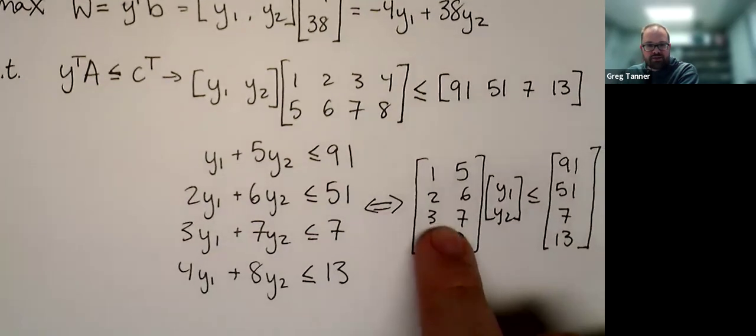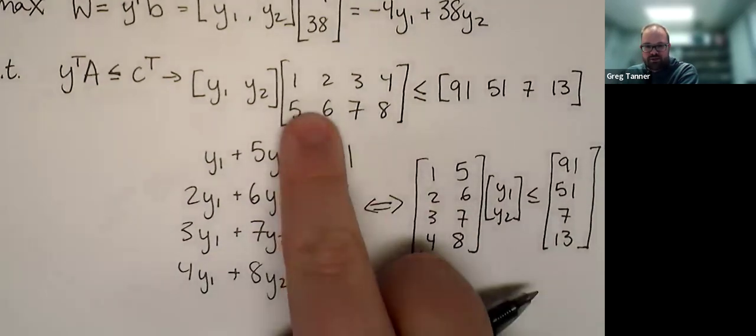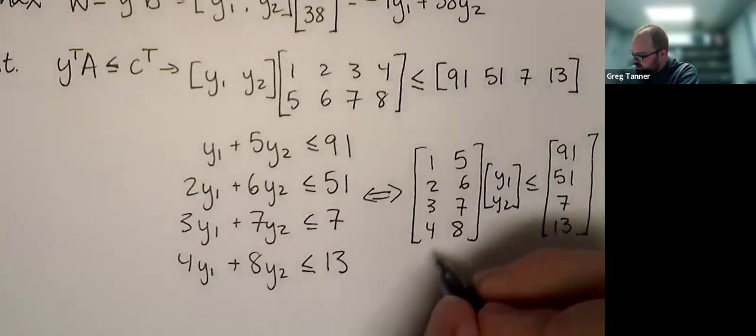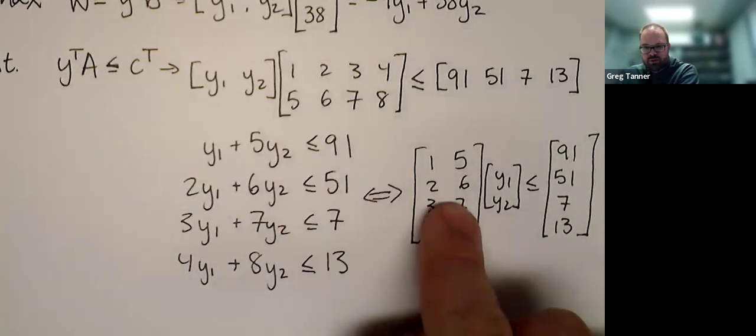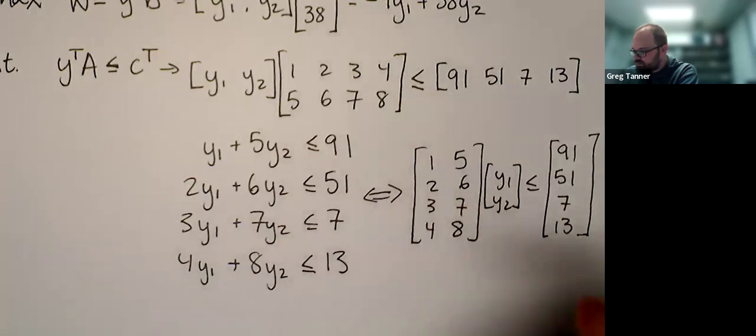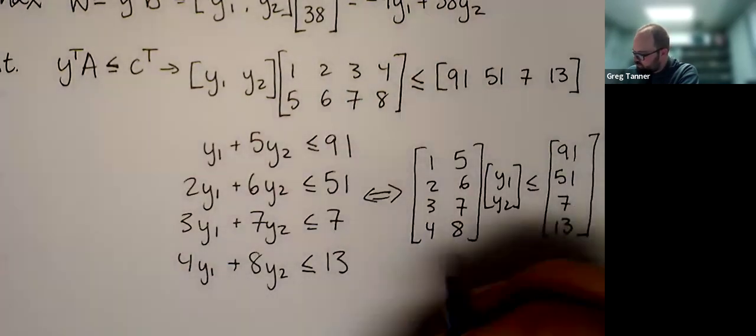Okay, and if we compare this matrix to this matrix that we had before, this is what's called the transpose, where we essentially swap the rows and the columns. So, a flip-flop there.